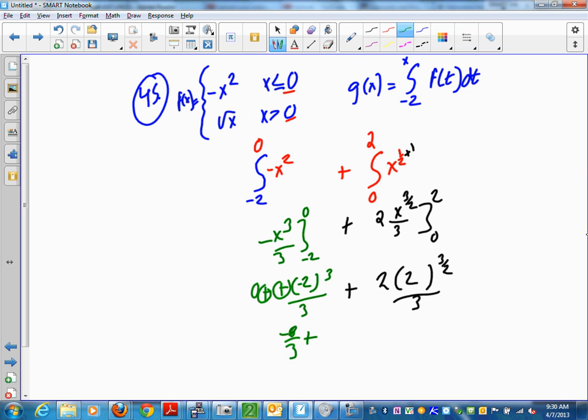We have 2 times the square root of 8 over 3.